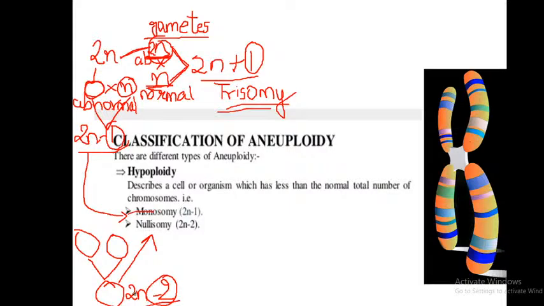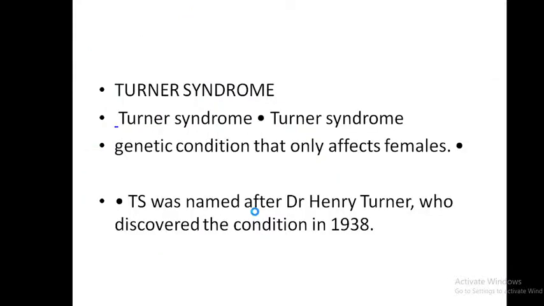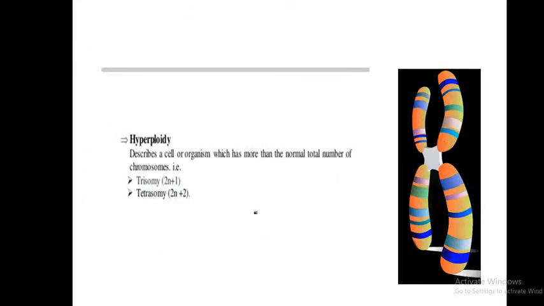Here 2n should actually be there, but instead it is 2n minus 2. That condition is known as nullisomy. Aneuploidy involves the loss or gain of chromosomes from the normal number, which is known as hypoploidy and hyperploidy. Now we will see in detail what monosomy is.